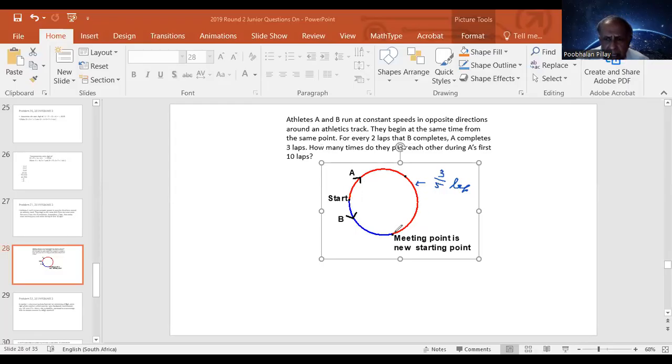After traveling 3/5 of a lap, he meets B. Now, if he goes on like this, if he travels another 3/5 of a lap, B would have traveled only 2/5 of that. So he'll meet B at some other point, and so on. But now the points change all the time and it can become very complicated.